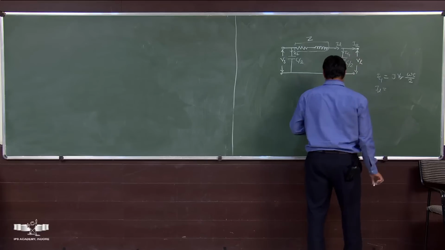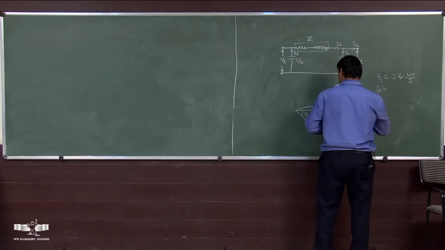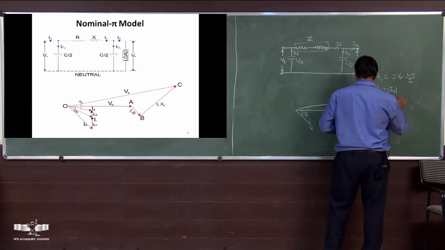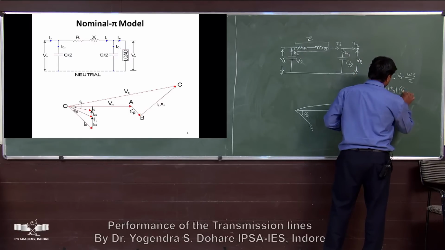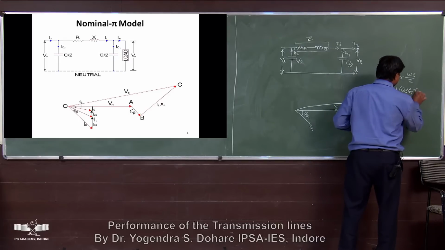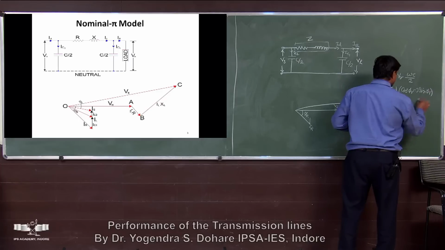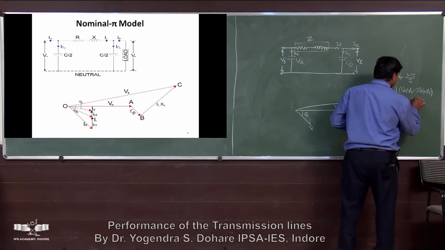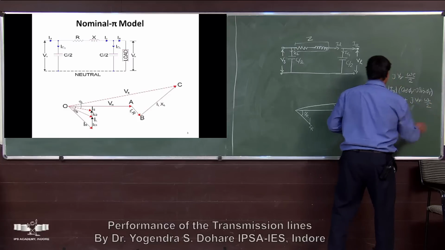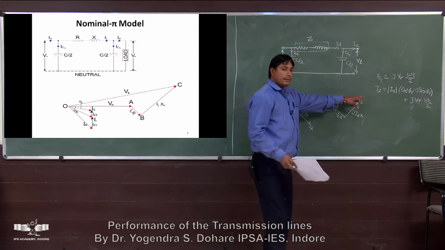The line current IL we can write as mod of IR cos phi r minus j sin phi r plus j VR omega C divided by 2. This is the line current.